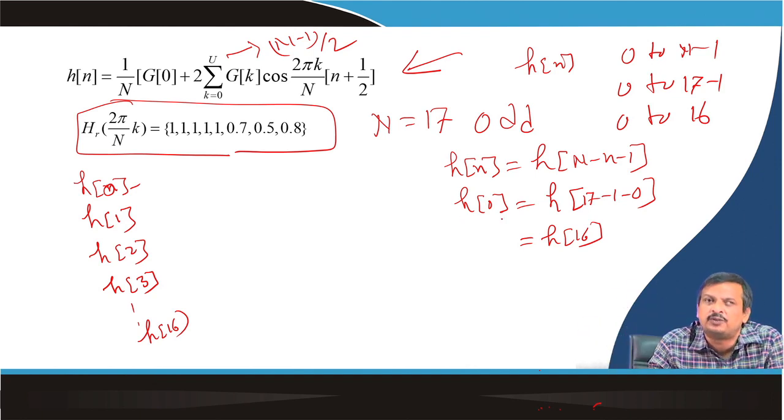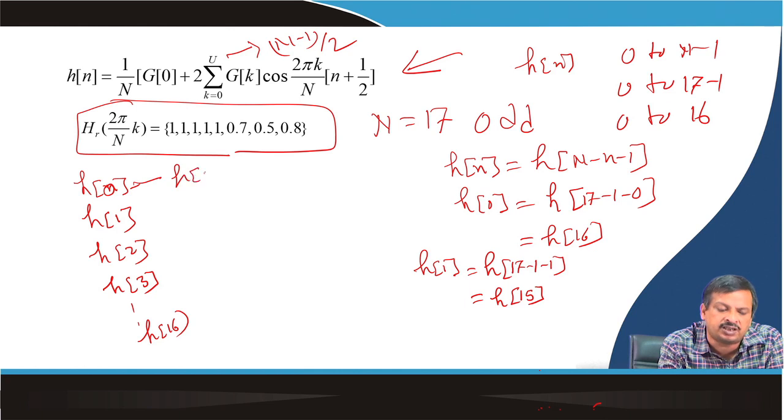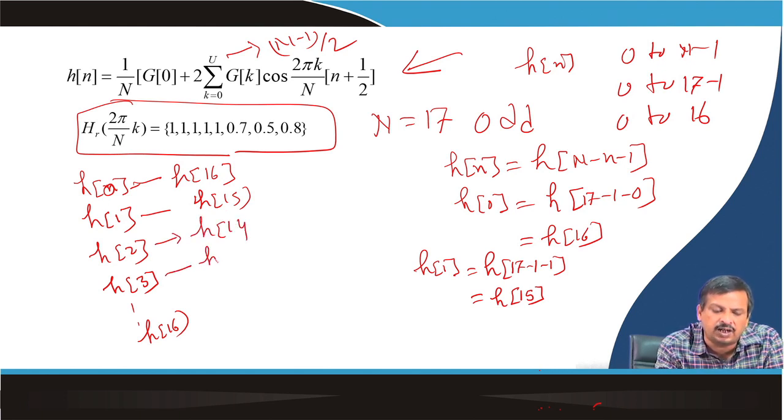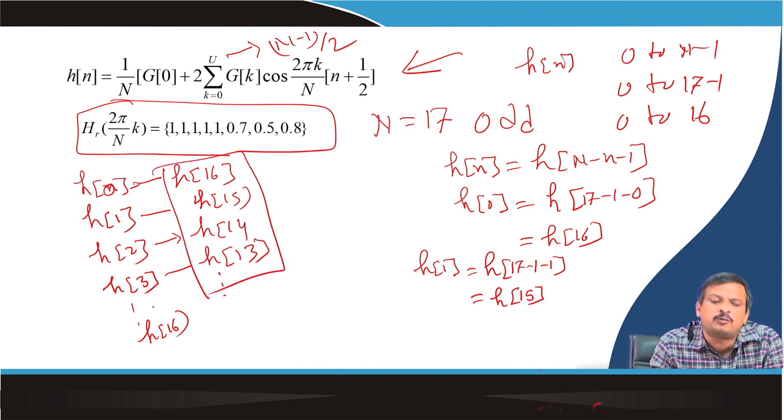If I compute h(0), it is equal to h(16). Similarly, h(1) is equal to h(17 minus 1 minus 1), which is h(15). So, h(0) is equal to h(16), h(1) is equal to h(15), h(2) is equal to h(14), h(3) is equal to h(13). So, I do not need to compute all N number of h. I only have to compute (N minus 1) by 2 number of h.